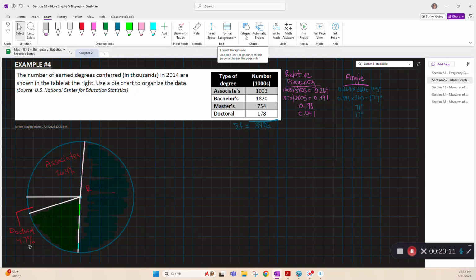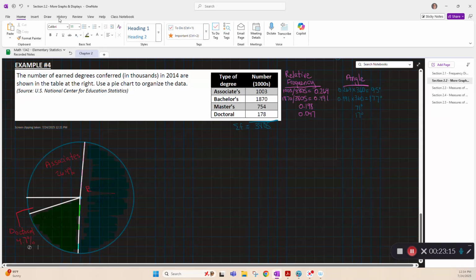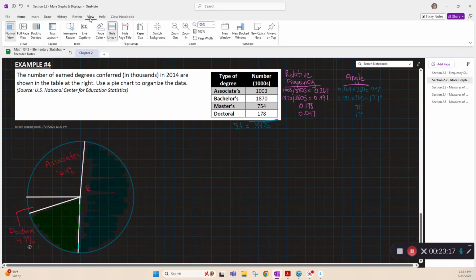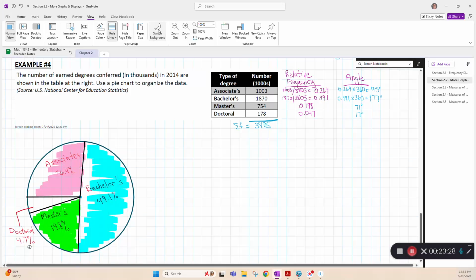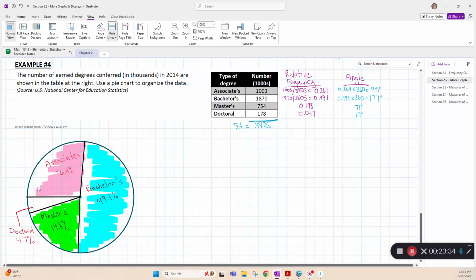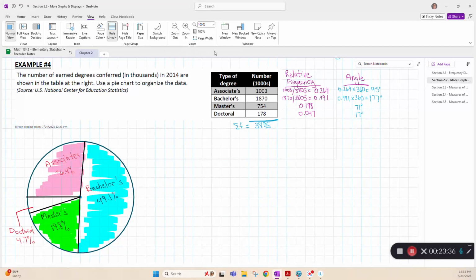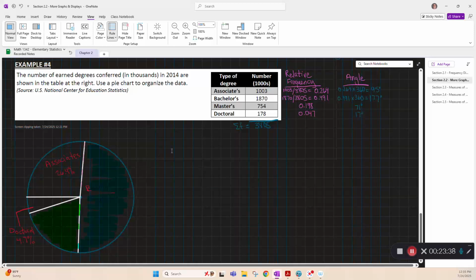On here, it's kind of hard to see, but you'll see it eventually. Thinking it was under view, but I don't remember. Switch background. There we go. So you can kind of see how I've color coded them a little bit. I kind of colored in the wedges a bit. But anyways, I like that.